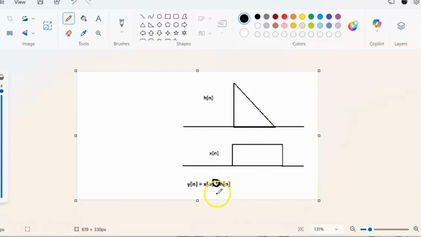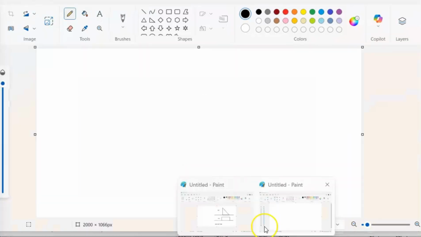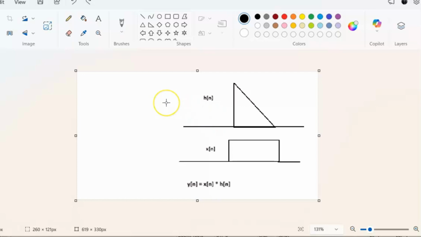So just make sure you are aware this is not a multiplication. This is called the convolution sign.